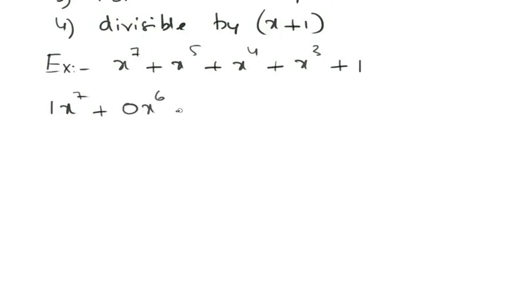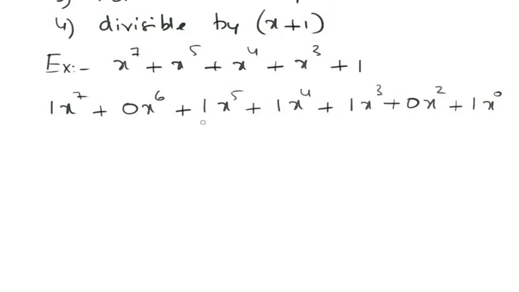0 x raised to 6 plus power 5 is there, so write 1 x raised to 5 plus 1 x raised to 4 plus 1 x cube. Here x square is not there, so put 0. Write 0 x square, then write 1 x raised to 0. So this is how we expand this. Here these powers represent the bit position and the coefficient represents the bit value.